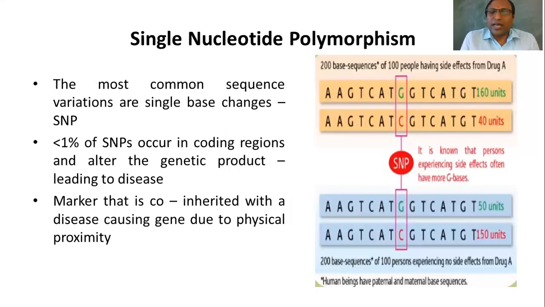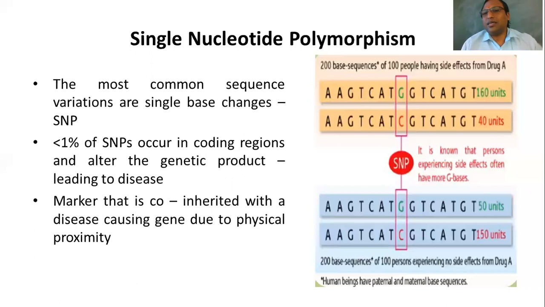So what is meant by single nucleotide polymorphism? The most common sequence variations are single base changes, that is called SNP. Less than 1% of SNPs occur in the coding regions and alter the gene product, and this leads to the disease.